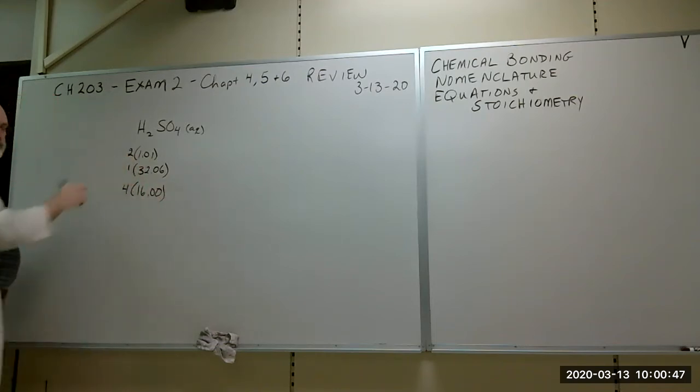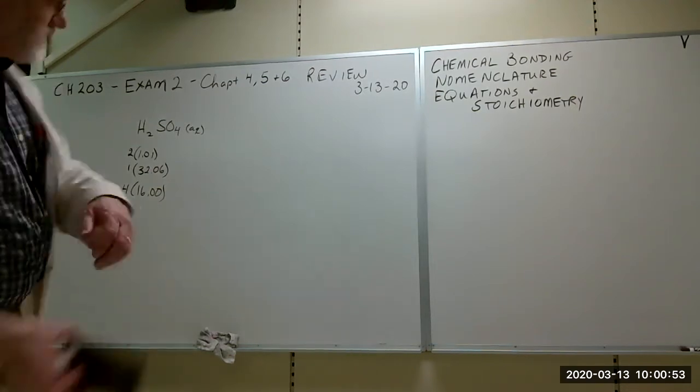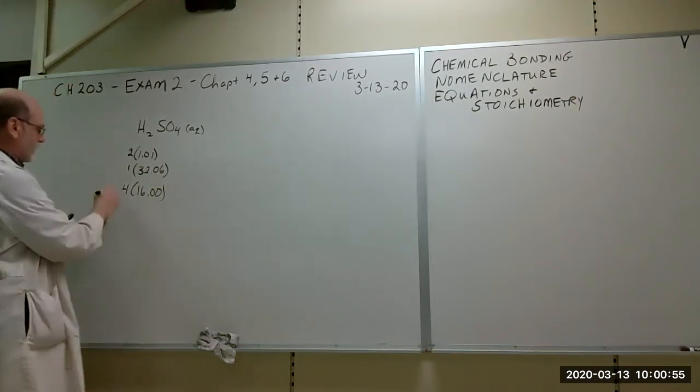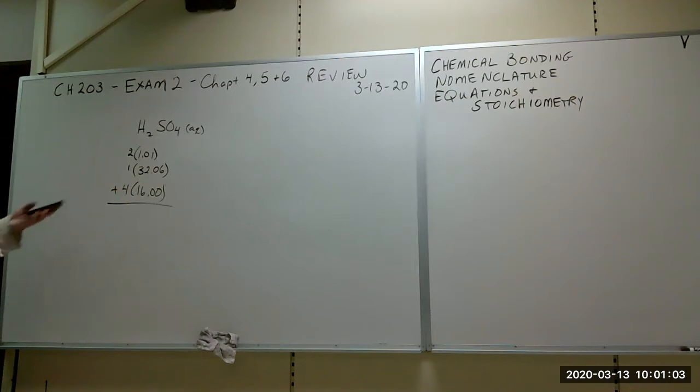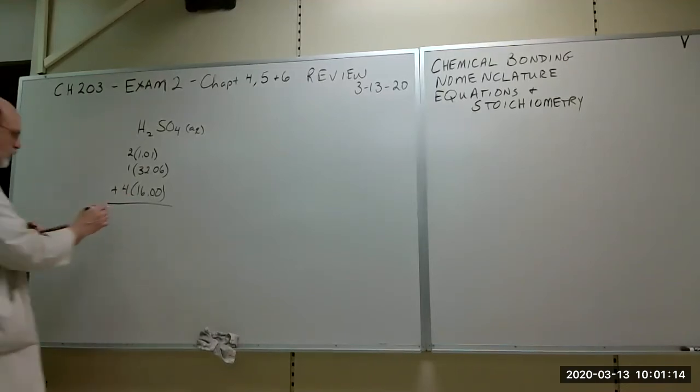And I always round off to 2 places. All right, so then we just multiply and add. So 2.02 for hydrogen, 32.06 for sulfur, and 64 for oxygen. 98.08.